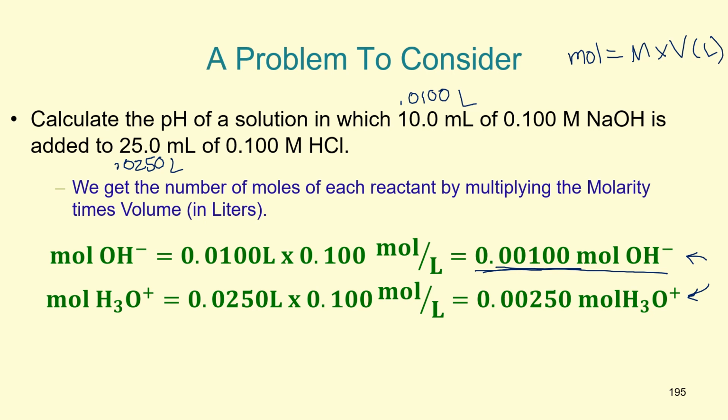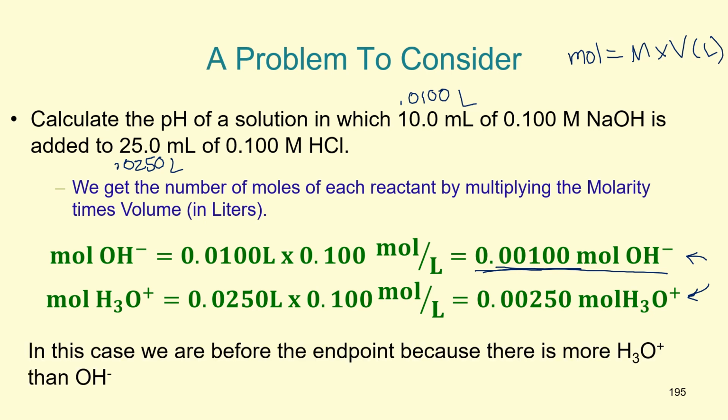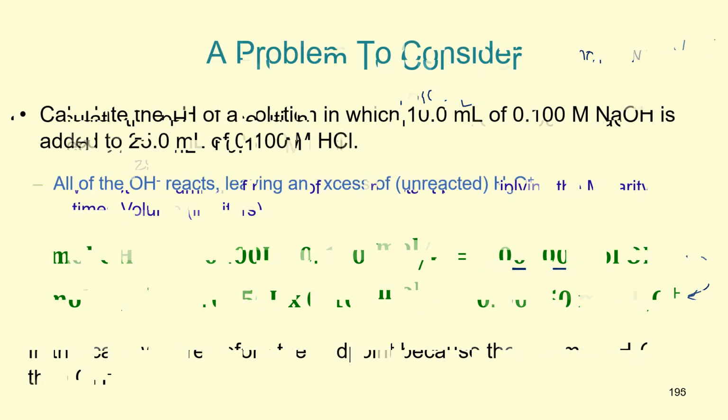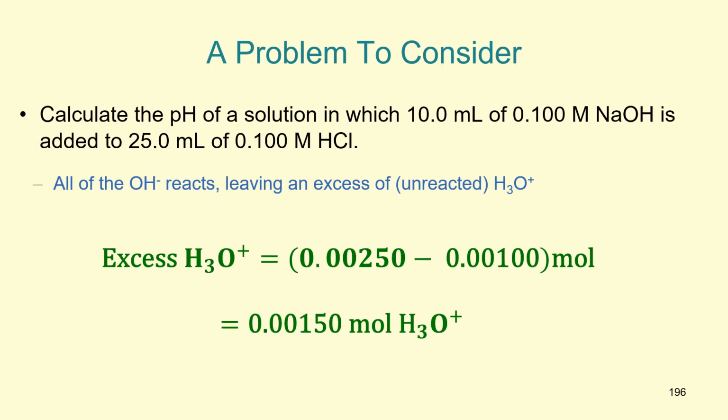So we can figure out how many moles of H3O plus we have left by subtracting. 0.0025 minus 0.0010 gives 0.00150 moles of H3O left. Like I said, we started with 0.0025 and now we have 0.0015.